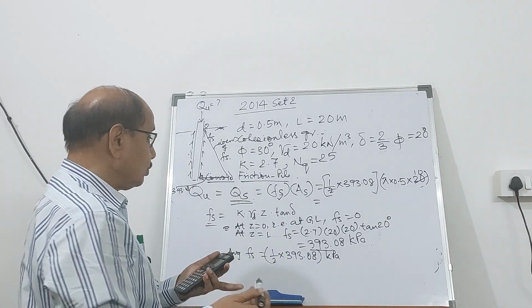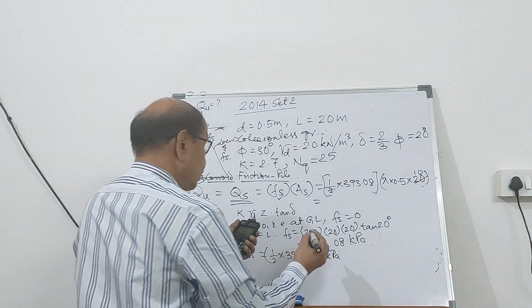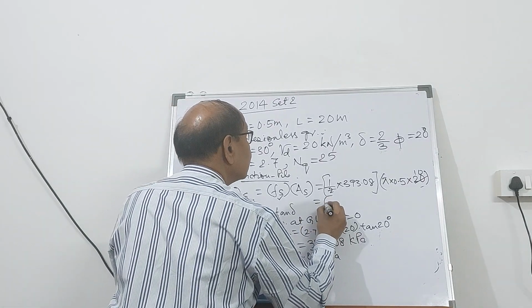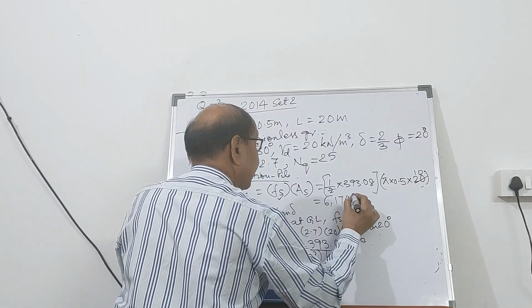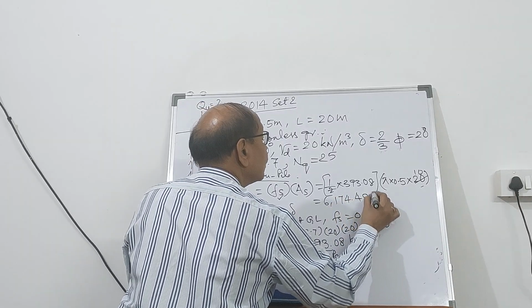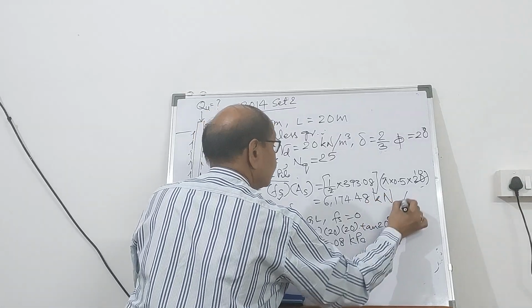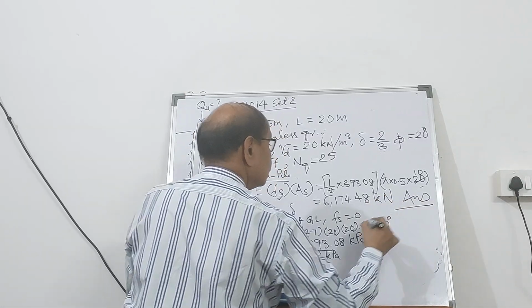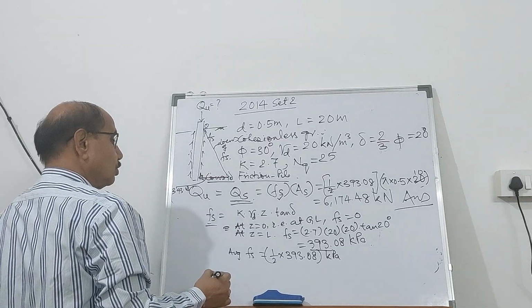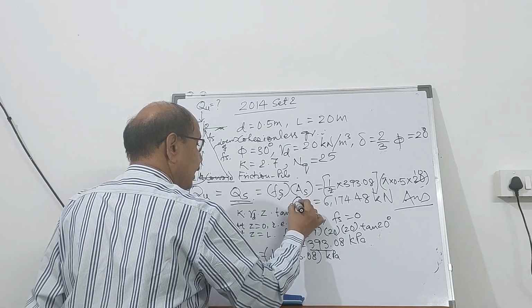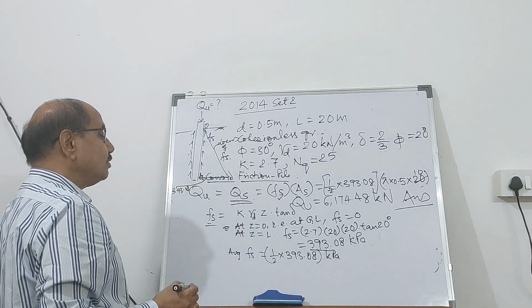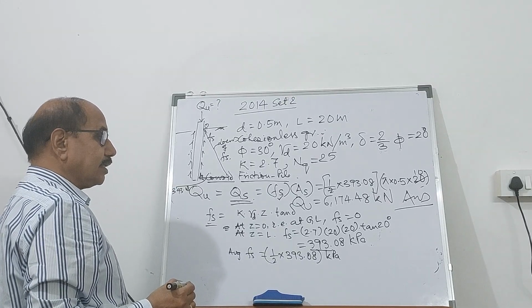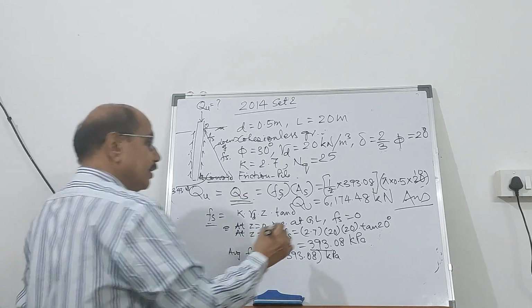So this gives you 6,174.48 kilonewton. So the value of the ultimate load carrying capacity of this pile, because it is acting as a friction pile, will be 6,174.48 kilonewton.